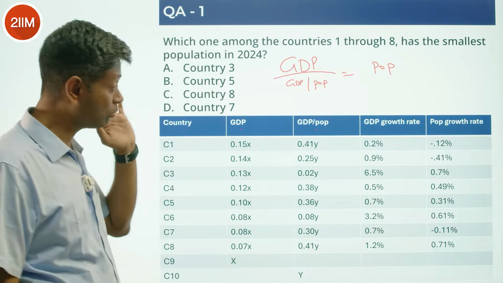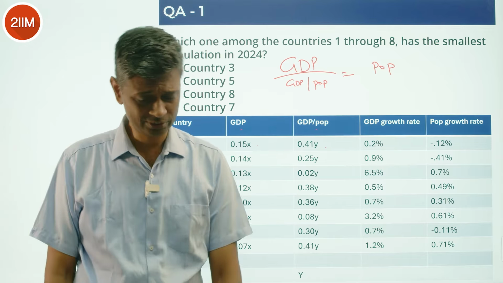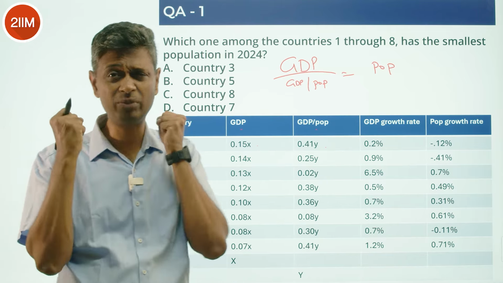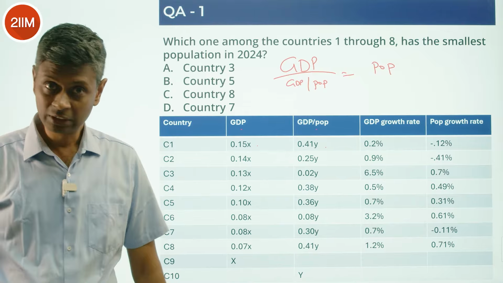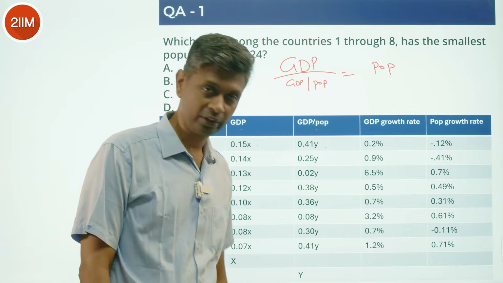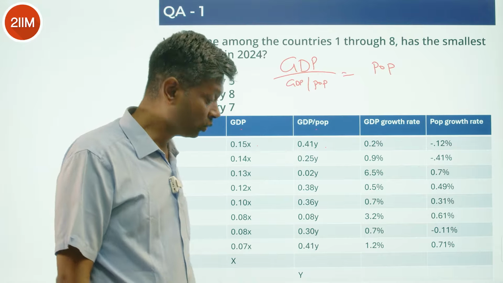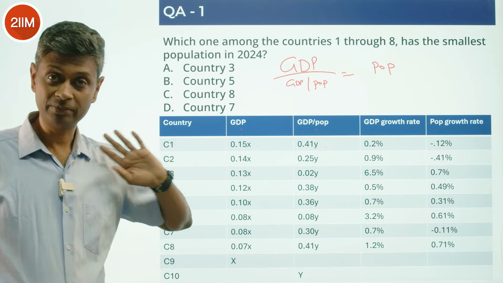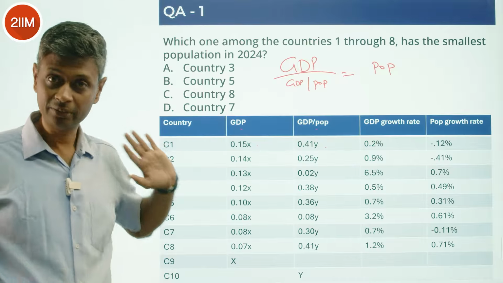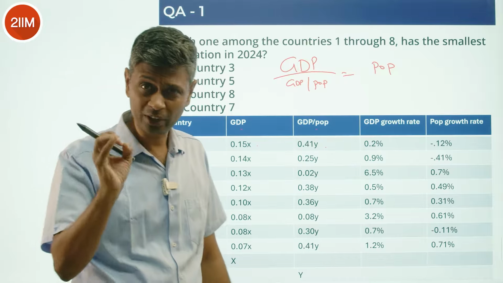We want to find the smallest population. First thing to notice is that this question has nothing to do with x and y. If x were 1000, y were 45, or x were 0.02 and y were 10 power minus 11, the lowest will be the same, highest will be the same. Fine. So that's very important to grab onto.